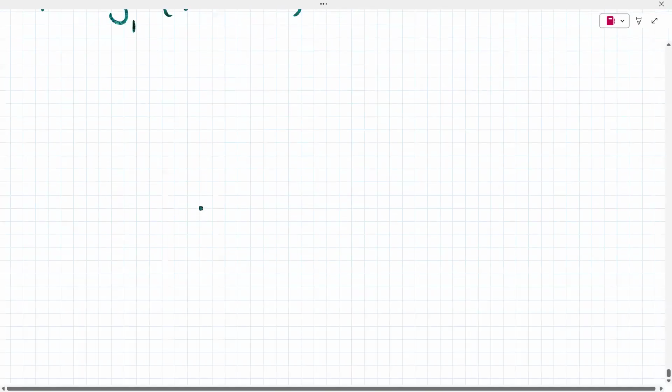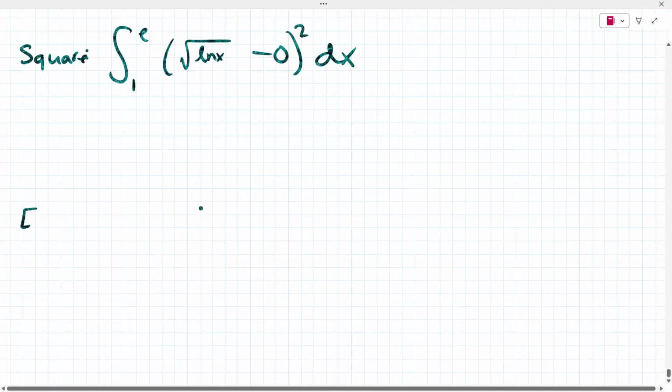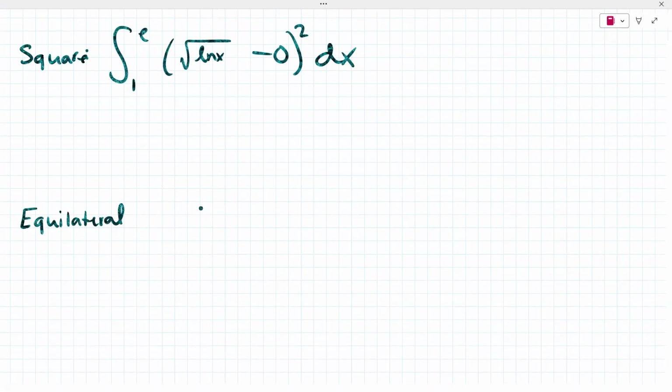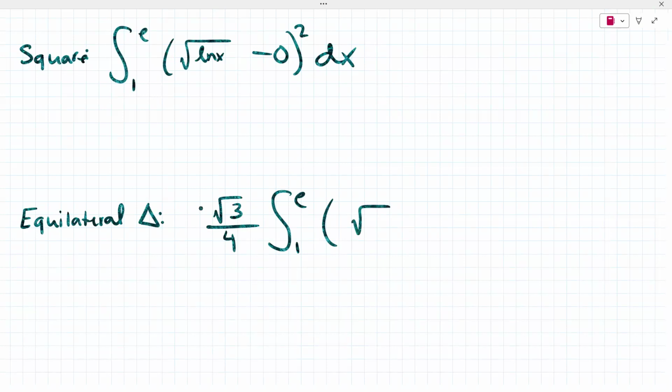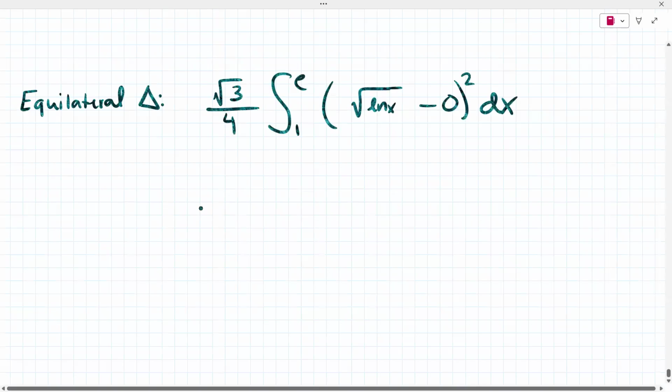What about the equilateral triangle? Which is square root of 3 over 4 from the boundaries 1 to e of top minus bottom squared, so (square root of ln of x minus 0) squared dx.